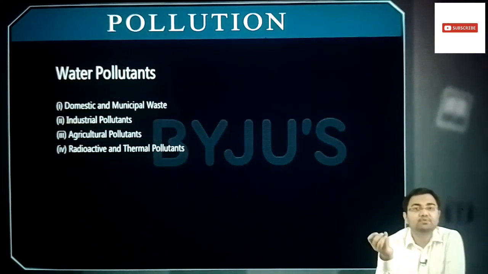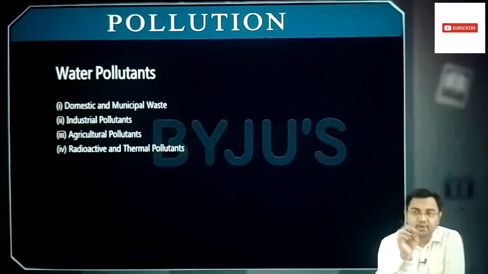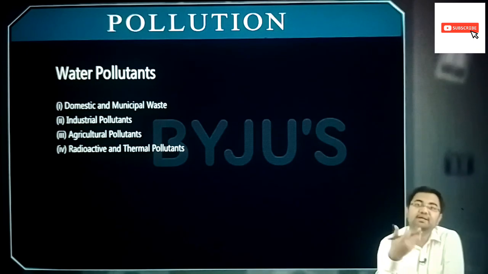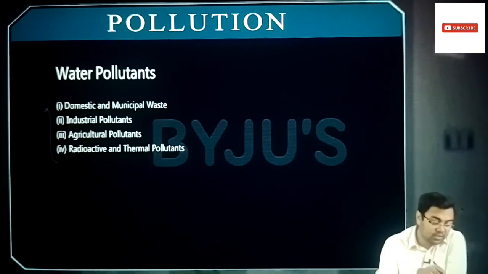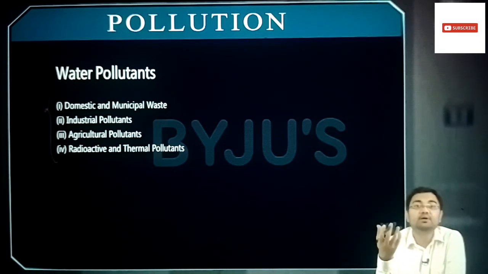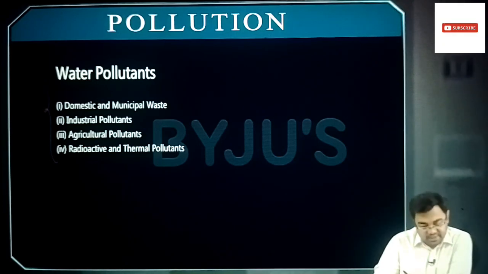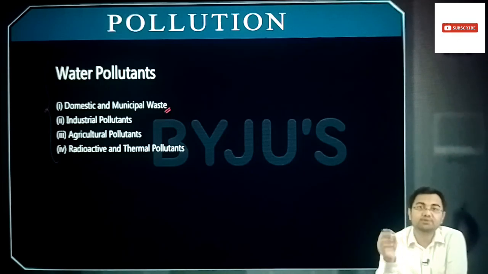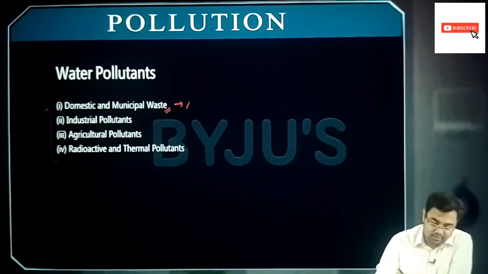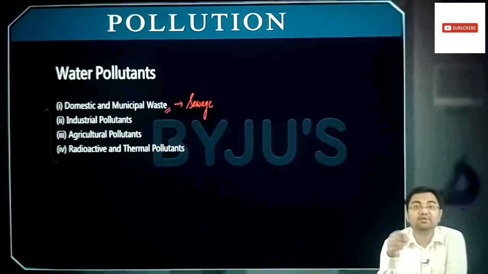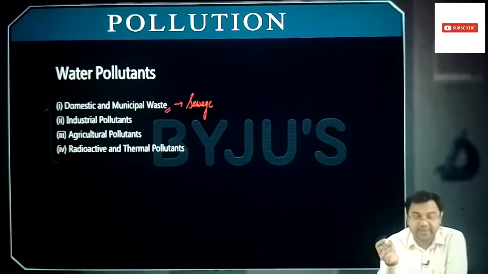So what we saw was the various sources from where the pollutants enter the water bodies. Now, what are the types of pollutants that are contaminating the environment? First of all, we have the domestic and municipal waste. Also, you can call it sewage. Then we have the industrial pollutants. We have the agricultural pollutants.